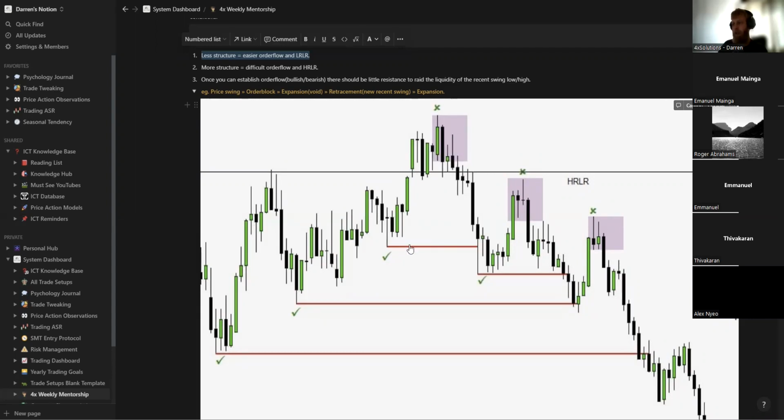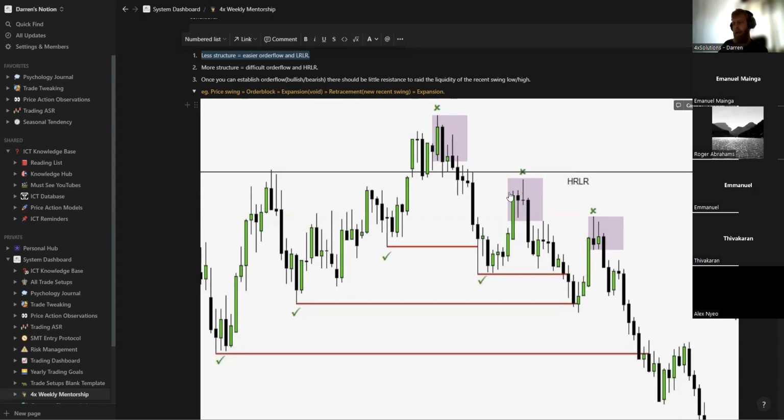And then again, price made the swing low, traded through that, and then because it took some liquidity, possibly traded into maybe an order block on another time frame, then it showed a retracement. So then price retraced, only to trade back into an area of inefficiency, as we see over here with this sell side imbalance and buy side inefficiency.